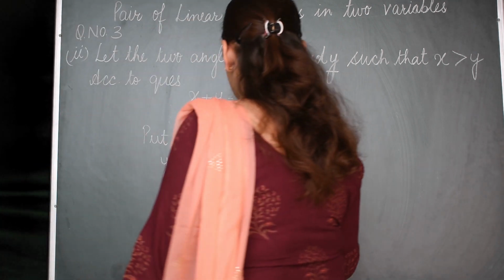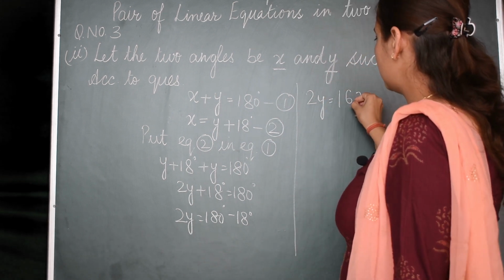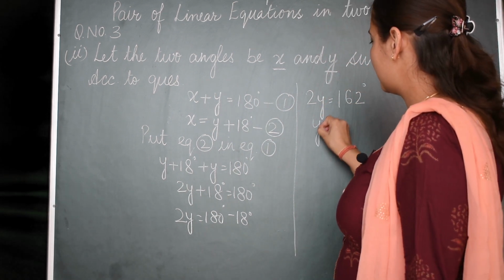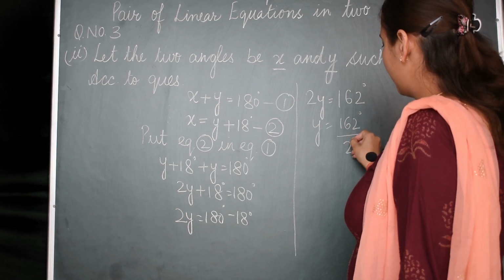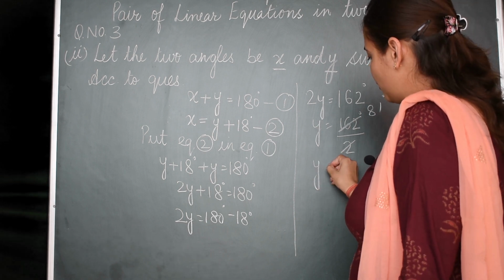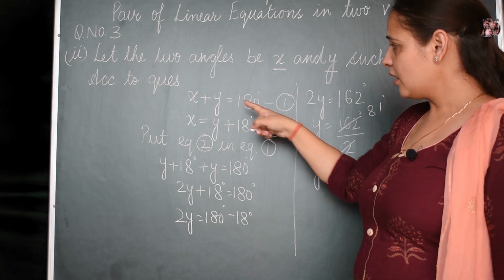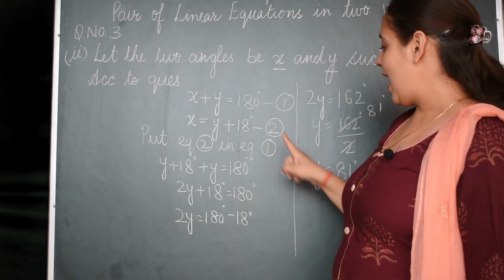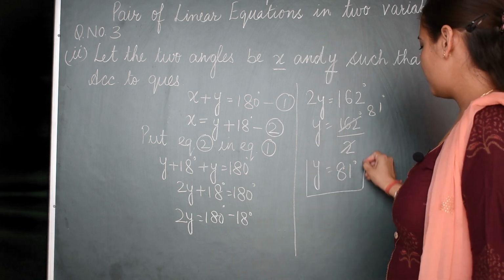So what I will get here is 2y is equal to 162 degree. So y is equal to 162 degree divided by 2. So what I will get? 81 degree. So y is equal to 81 degree. Here we are taking angles, so the angles must be in degrees.